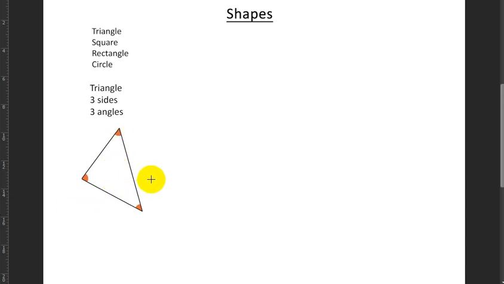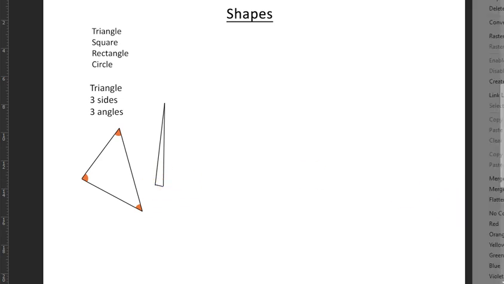Let's make another triangle, one that has a really small angle. So up here, there's a really small angle. There you go. That's also a triangle right there because it has 1, 2, 3 sides. This is a side too. It doesn't have to be big or small. It can be whatever we like.